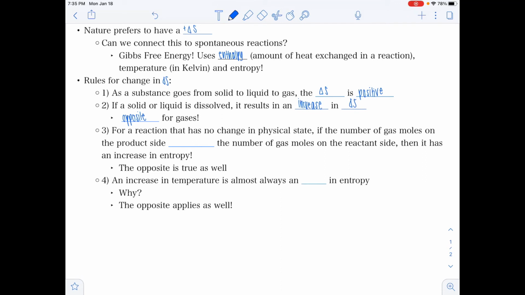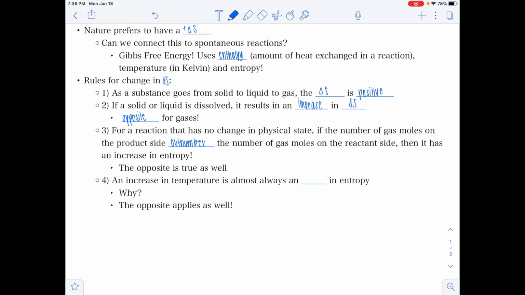So if the number of gas moles on the product side outnumber the number of gas moles on the reactant side, then there's an increase in entropy, right? Basically what we're saying is if you go from less gas to more gas in a reaction, then these particles are beginning to move around more after this reaction, so there's going to be an increase in delta S.